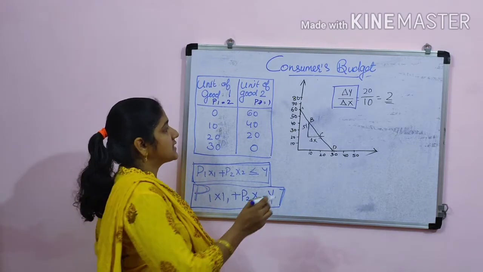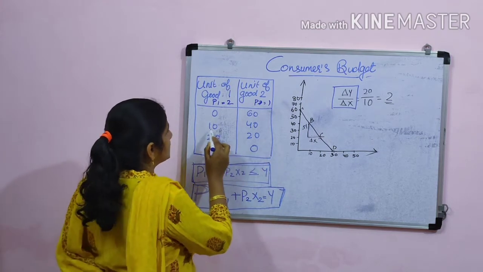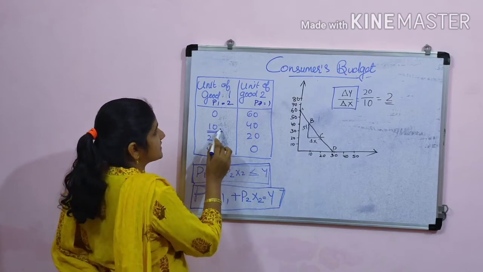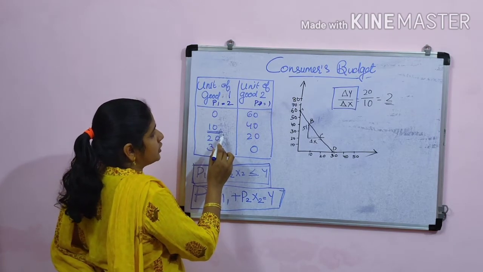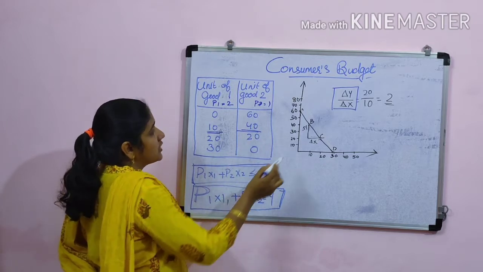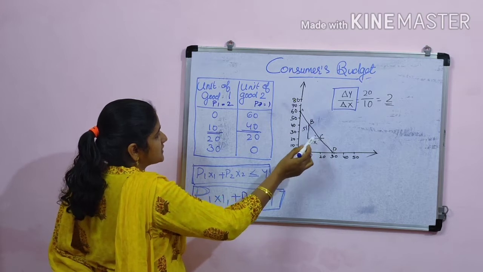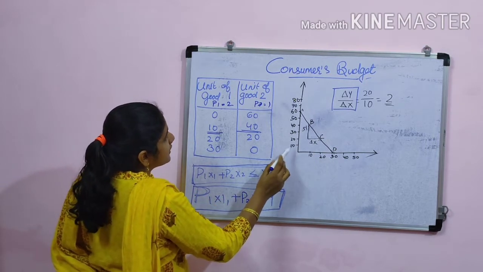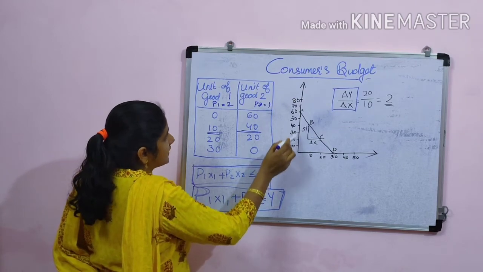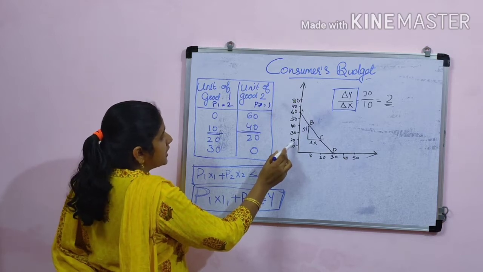Then here you just see the second combination. On the x-axis the number is 10 units, and on the y-axis 40 units. From combination B, when we are moving to combination C, the number of y commodities reduces from 40 to 20.